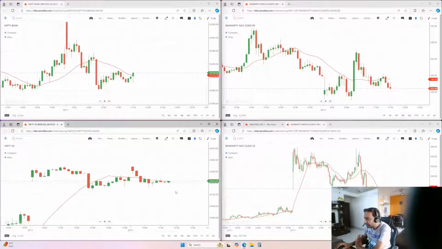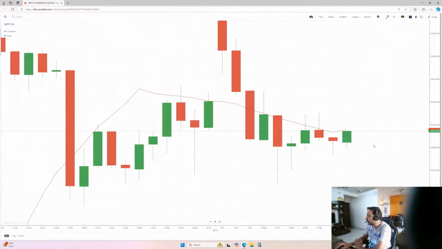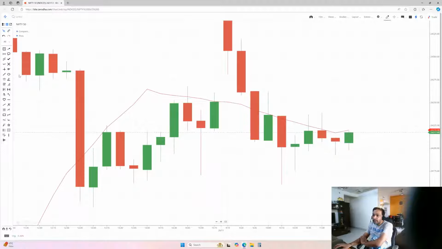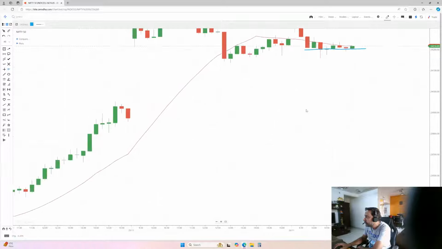Currently, Nifty is also trying to take support. Just a moment. Okay, Nifty is trying to take support above this 24,200 level and moving upward. So it has made a day's range.